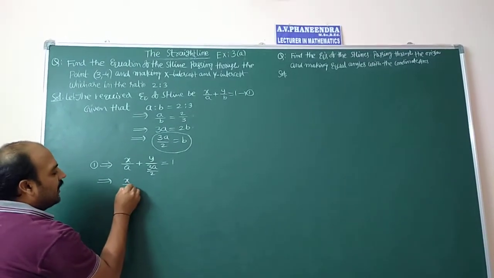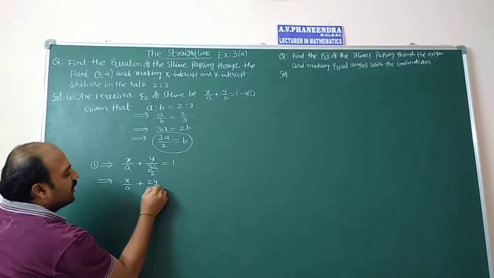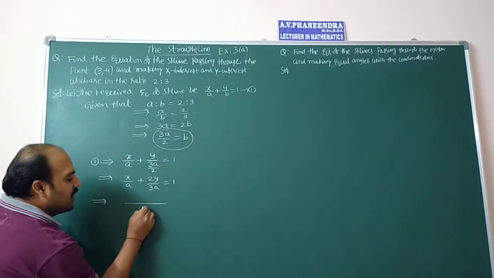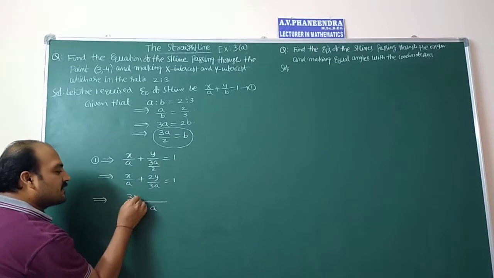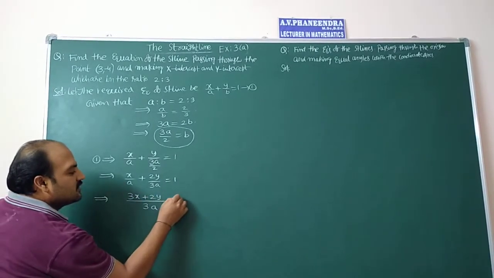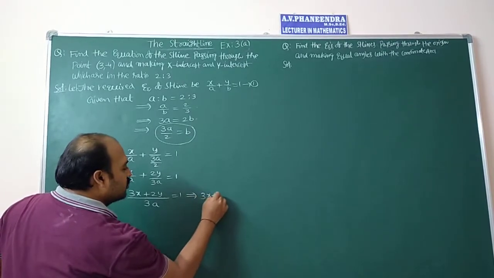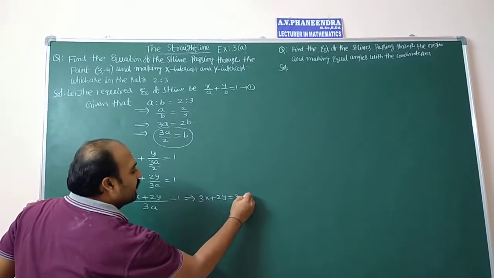So x/a + 2y/(3a) = 1. After taking LCM 3a, (3x + 2y)/3a = 1. That implies 3x + 2y = 3a.